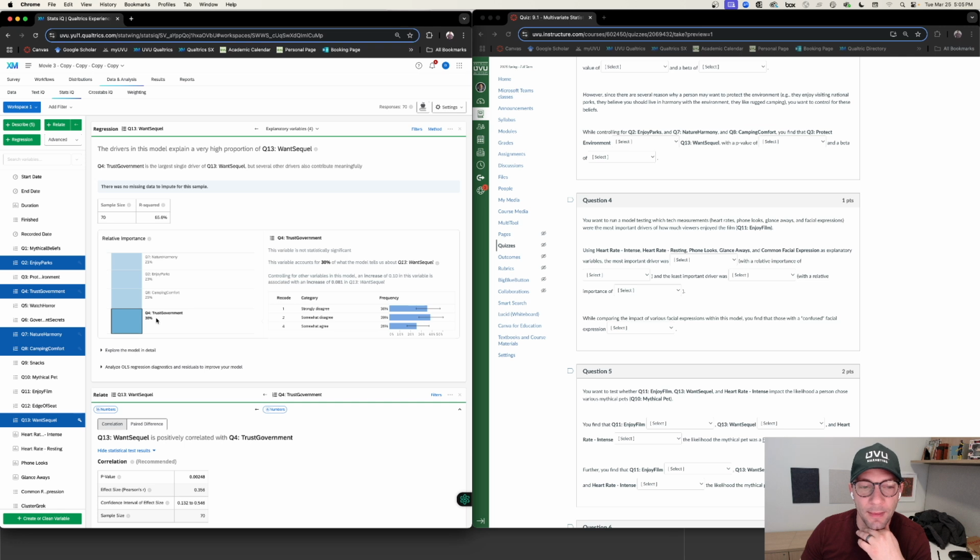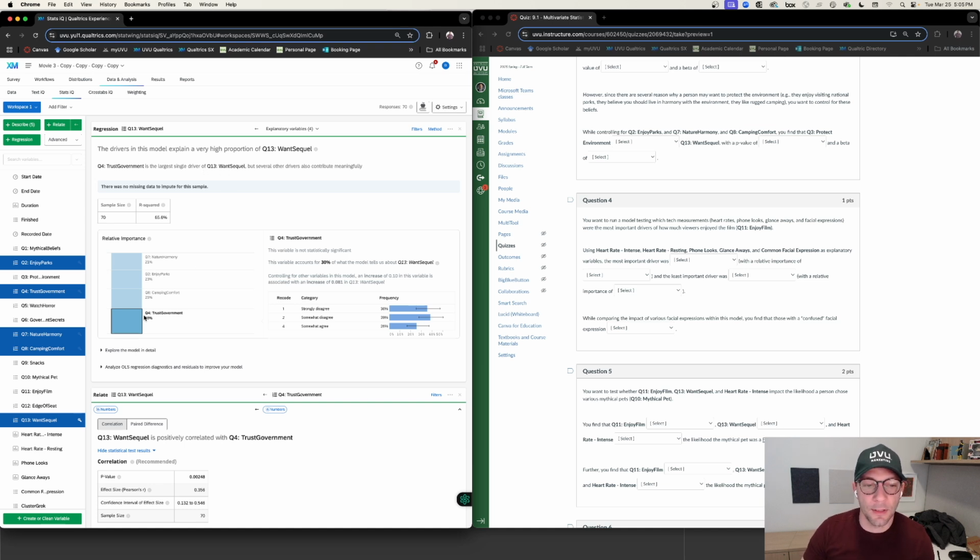But if I run this while also taking into account, or holding constant, these other variables, all of a sudden it's no longer significant. But predictors can still not be quite significant, but still help explain the model, and help explain your outcome, here want sequel.